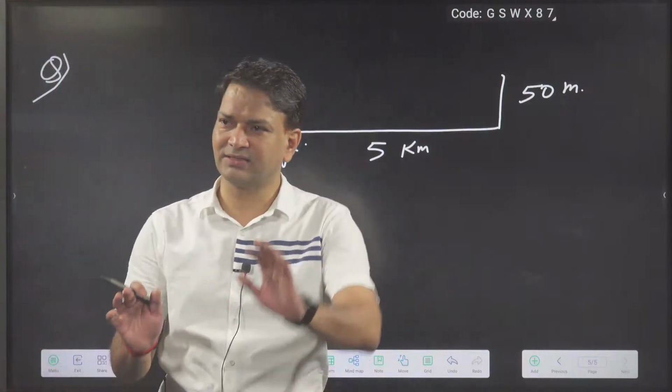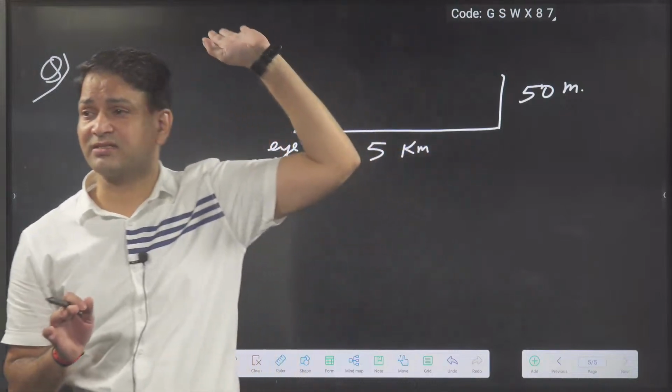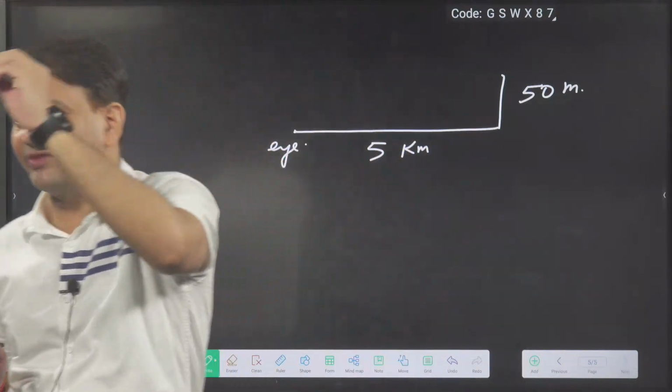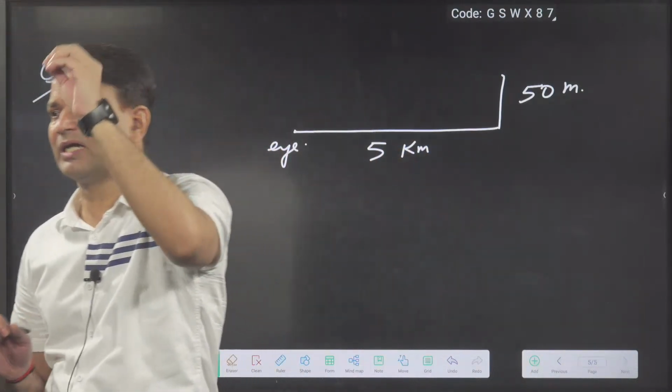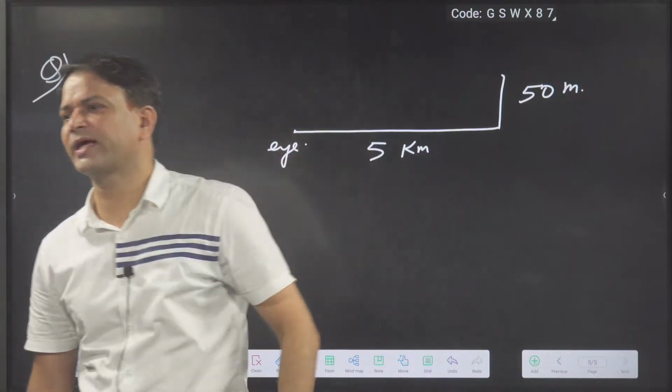The building is 50 meter high, but we are observing from a large distance of 5 kilometer. Common sense: the building is far from us, so will it make a small angle or a large angle at the eye?